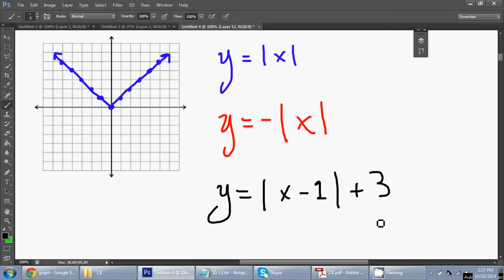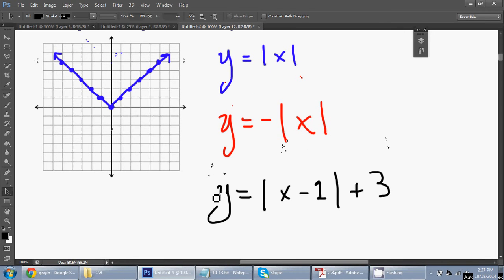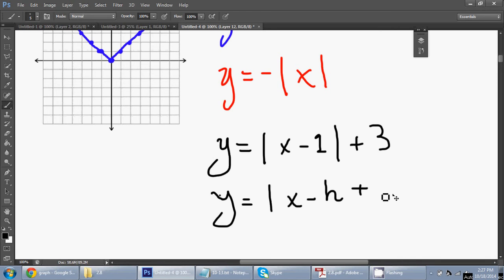I'm going to tell you what that formula is right now. That formula is y is equal to the absolute value of x minus h, plus k.